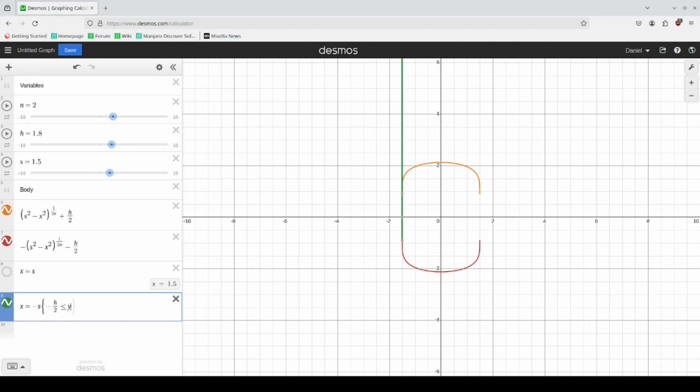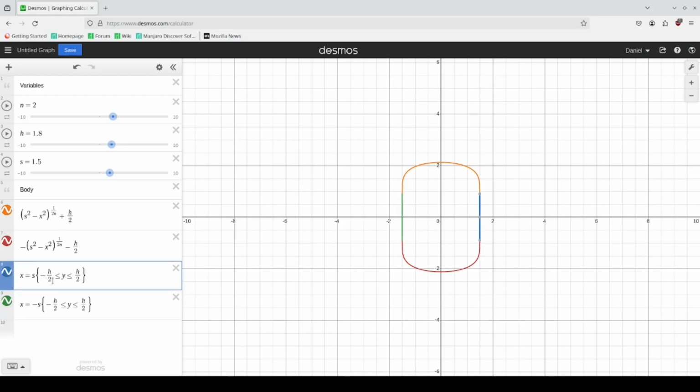So bottom is minus h over 2, and the top is h over 2. I want to unhide this other one here. Now what you're looking at here is going to be the body of the pineapple.